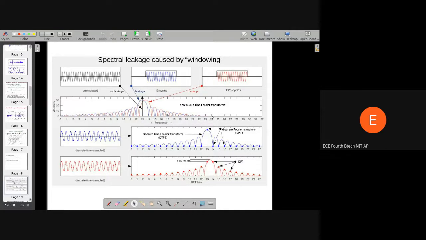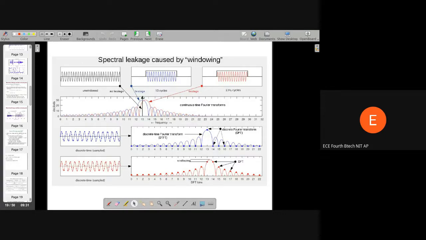These side lobes arise because the short-time Fourier transform results in convolution with the Fourier transform of the window. When you do windowing, the Fourier transform of the original signal is convolved with the Fourier transform of the window. This results in all these side lobe levels, which we also call spectral leakage, and a wide main lobe.